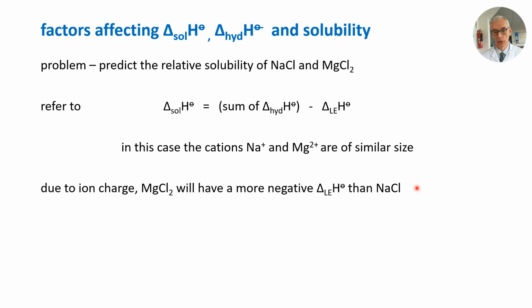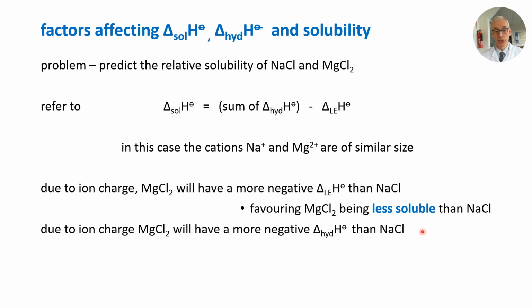Now, if the lattice enthalpy is more negative, then that's going to favour magnesium chloride being less soluble than sodium chloride. If the lattice enthalpy is more negative, then minus the lattice enthalpy becomes more positive, and that makes the enthalpy of solution more likely to be more positive, and therefore that favours magnesium chloride being less soluble than sodium chloride.